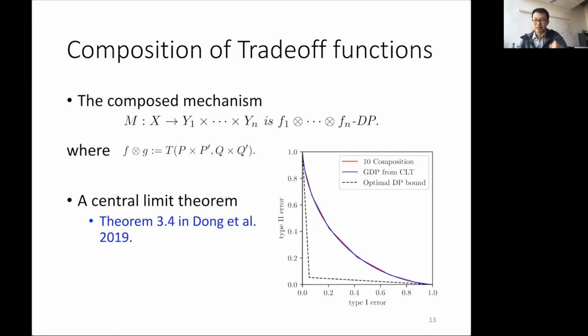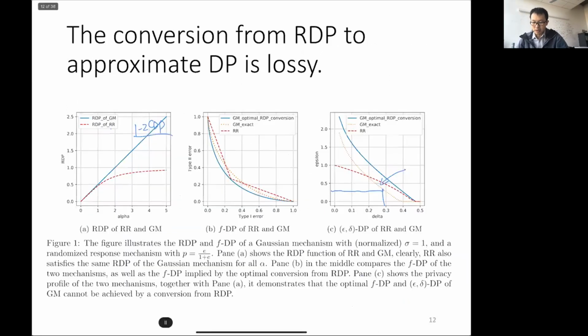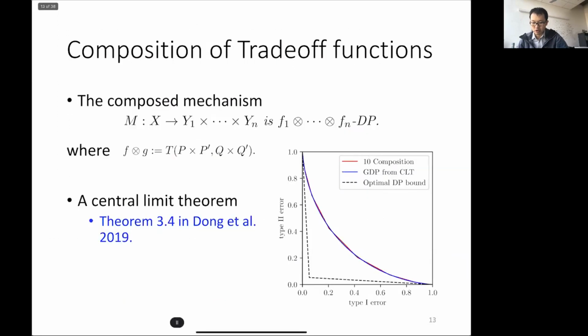Okay, so let me continue with the lecture. Recall that we've been talking about the composition of mechanism-specific approaches, and we finished talking about the composition of Rényi differential privacy. For the composition of the trade-off function, it's somewhat complicated, which involves the convolutions of the mechanisms with this tensor product sign.